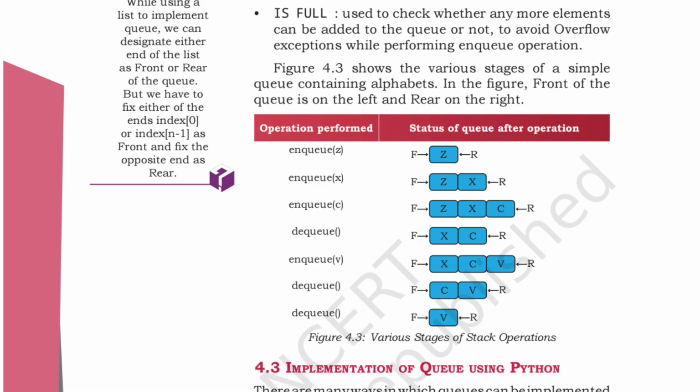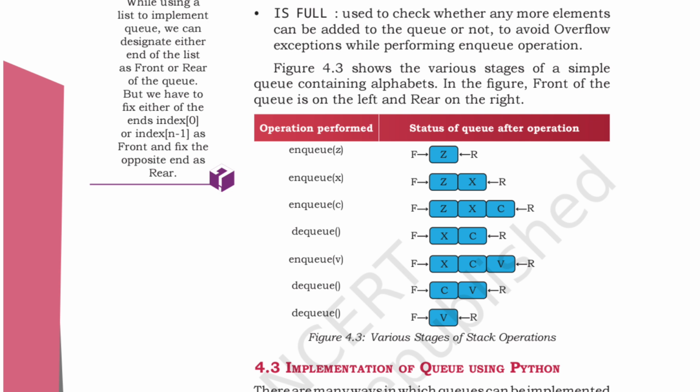DQ will be removed from what? DQ will be removed from the front side. Okay, that is your tail. Then again DQ. We are NQing V again, then DQ, X will be removed, then again DQ, C will be removed.